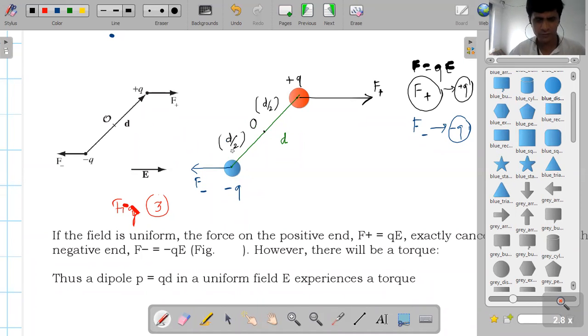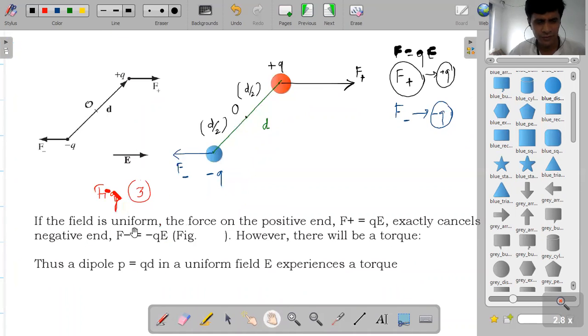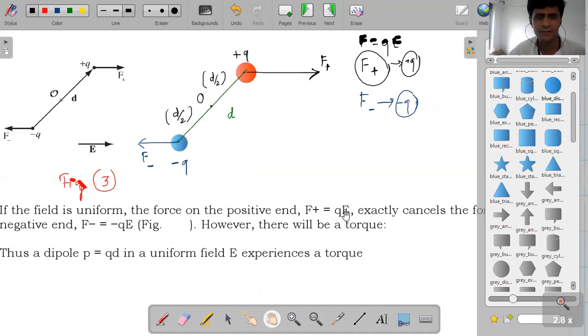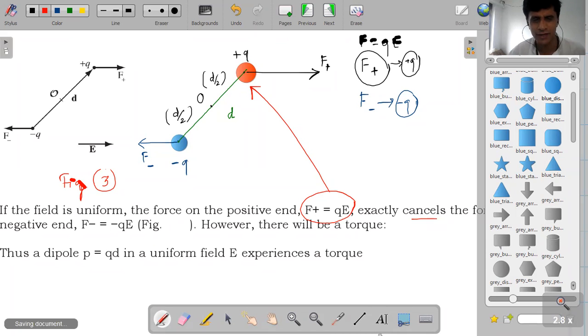Yes, super. Now see, if the field is uniform, the force on the positive end is F plus equal to qE. Understood, dear student, up to this level? Yes, sir. So this is the force, and it exactly cancels with the same force on the negative end.